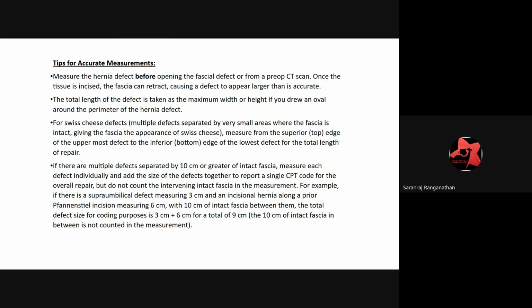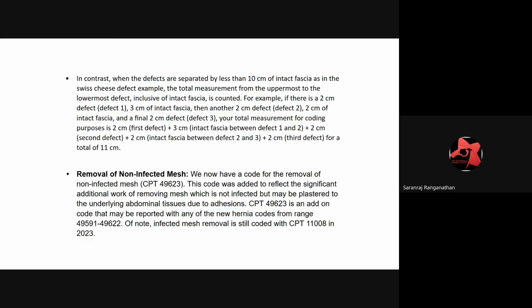Okay, understood, right? Next. In contrast, when defects are separated by less than 10 centimeters of intact fascia, as in the Swiss cheese defect example, the total measurement from the uppermost to the lowermost defect, inclusive of intact fascia, is counted.